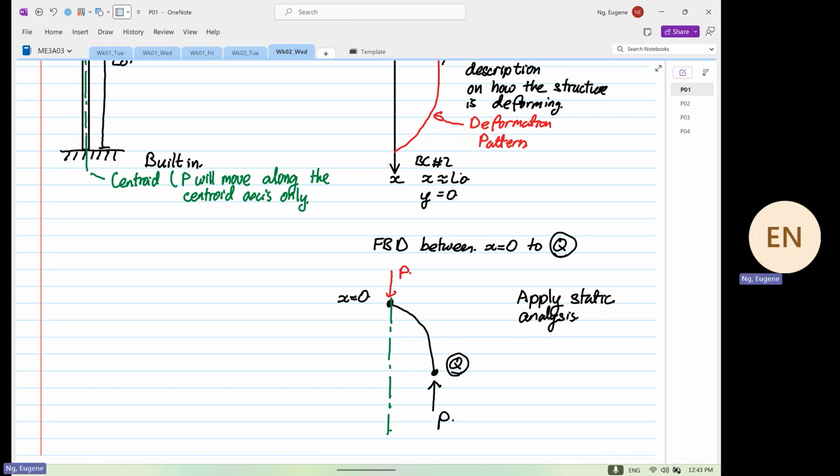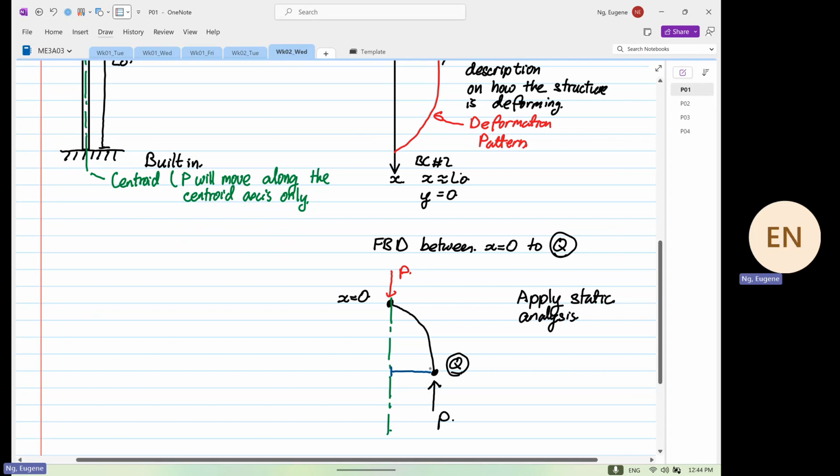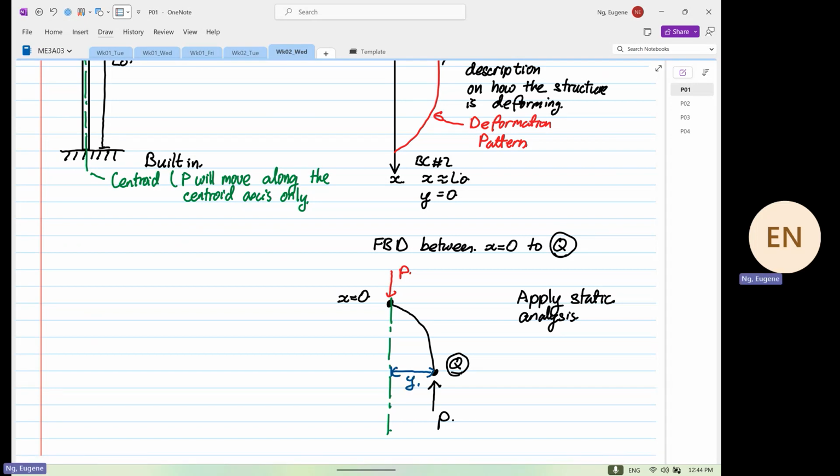Then we realize that the load applied at point Q has a certain distance over here. This distance from here to here is known as what?